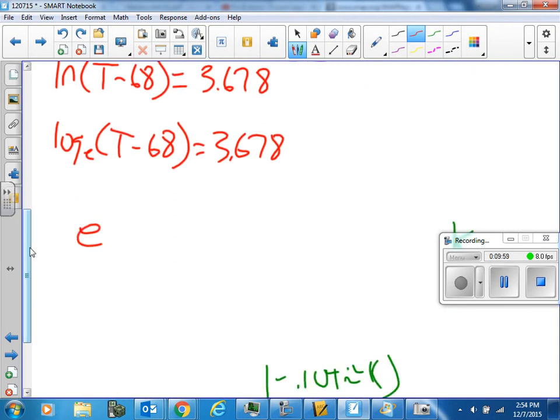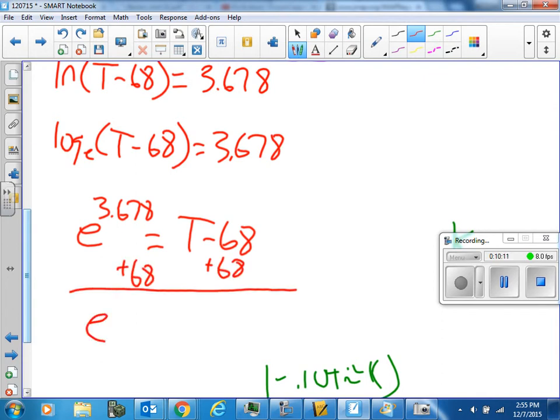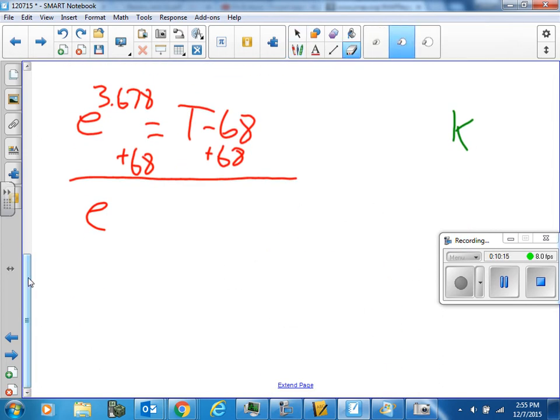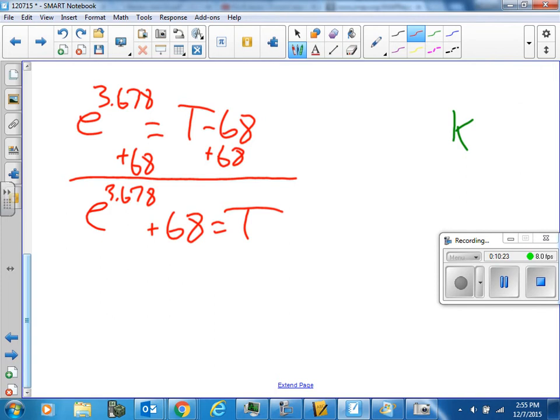So that's going to be e to the 3.678 equals T minus 68. Now we add 68 on both sides. We have e to the 3.678 plus 68 equals big T.